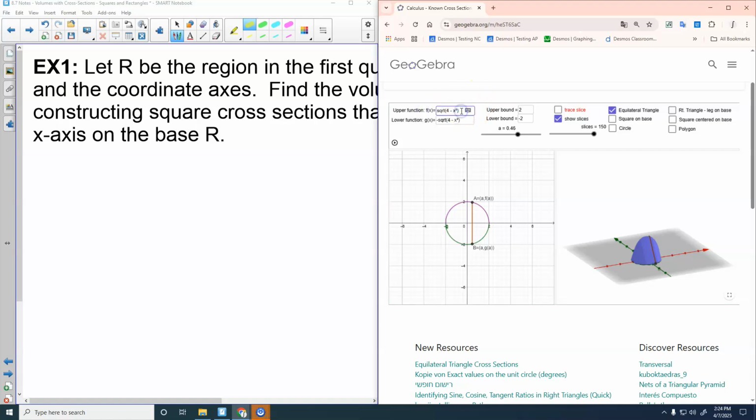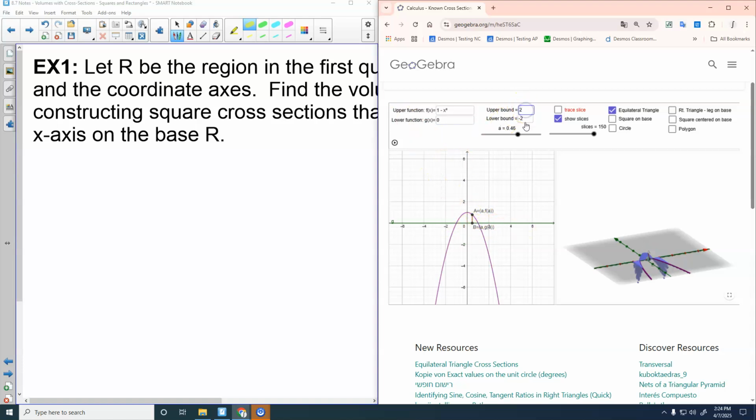So I think I'll just put in 1 minus x squared. And I want first quadrant, so my lower function is just going to be y equals 0, which is just going to be the axis.